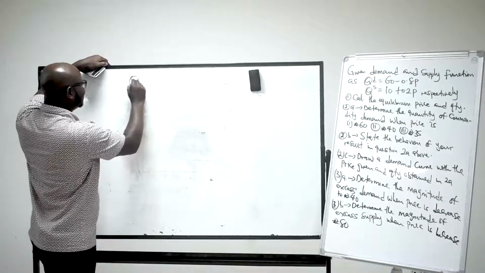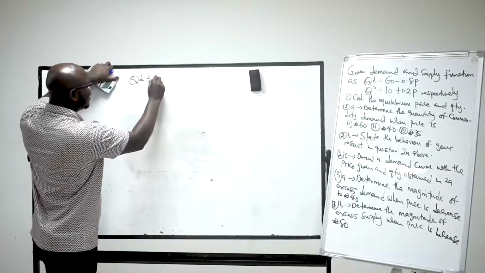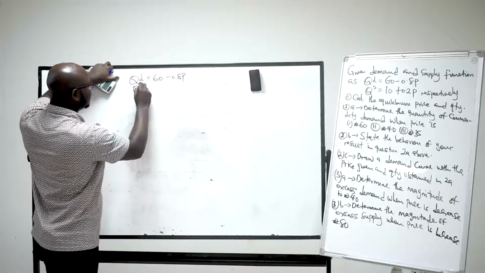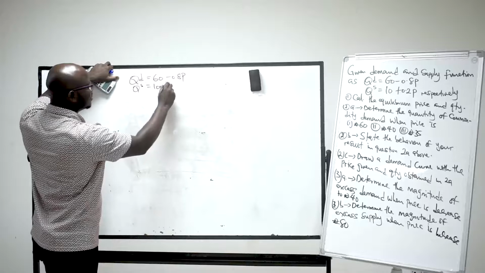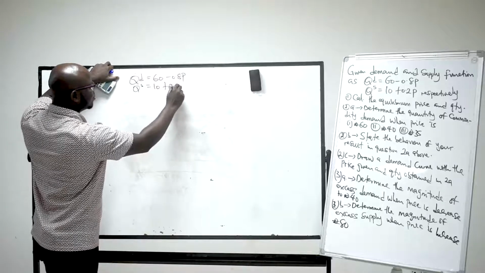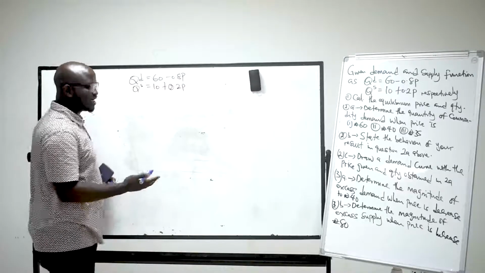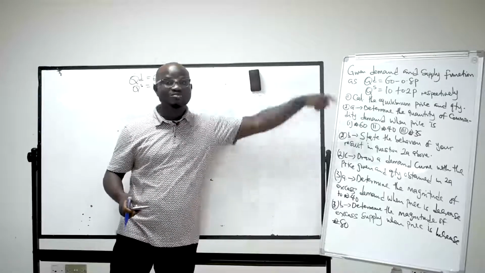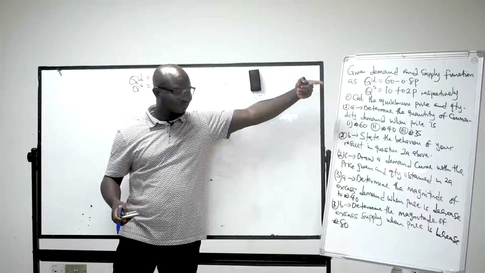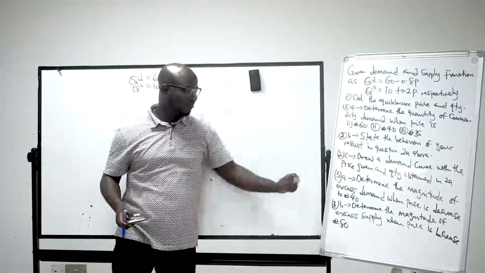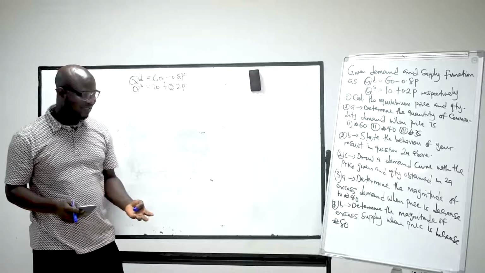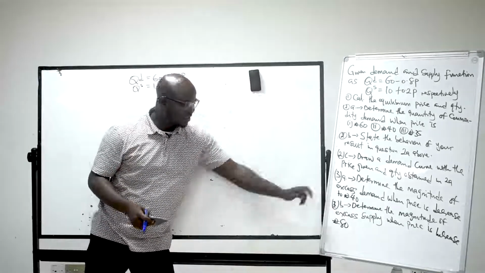Remember that the function here for demand, we have this, and for supply, we have 10 plus 0.2p, right? So let's assume the price is now decreased to 40 from the equilibrium price of 50 naira that we have.